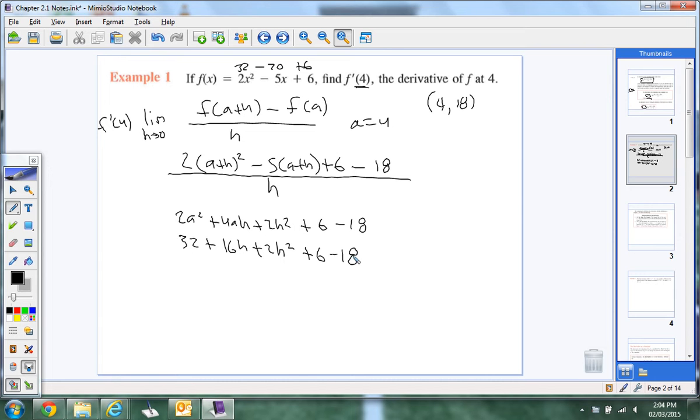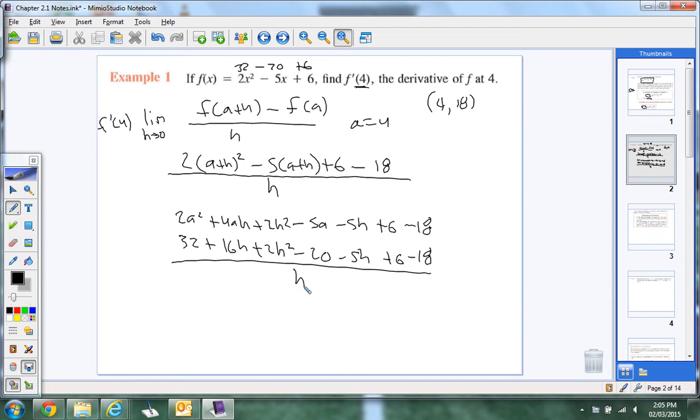Oh, yeah, I missed this guy. Sorry, I was like, I'm missing a whole thing. My bad. So it's going to be minus 5a up here, minus 5h, plus 6, minus 18. Minus 5a, that's going to be 5 times 4 is 20, so minus 20. Minus 5h, plus 6, minus 18. There we go. This is still all over h.